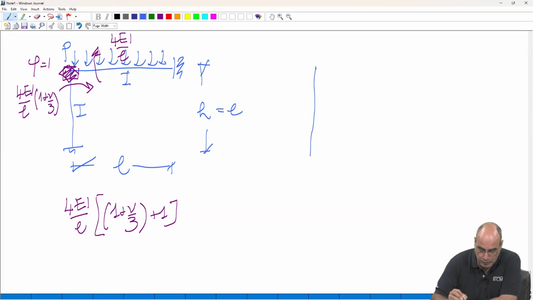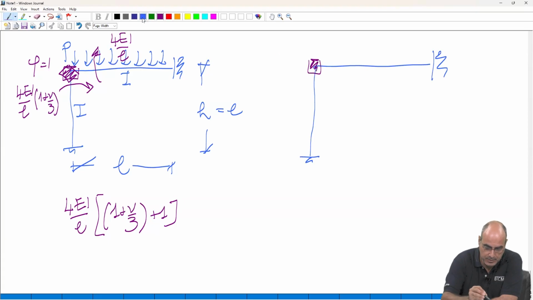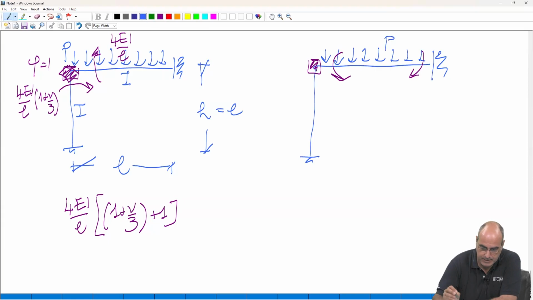Then I also have to consider that if this remains fixed, and there is this load P here, this moment here is PL squared by 12.